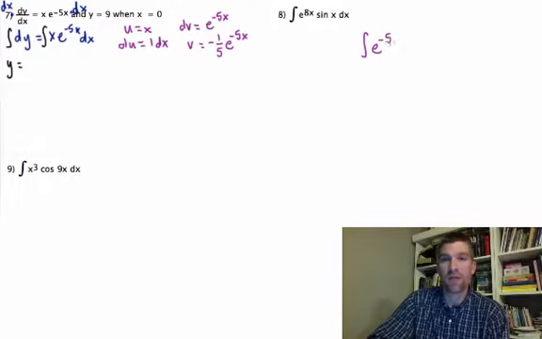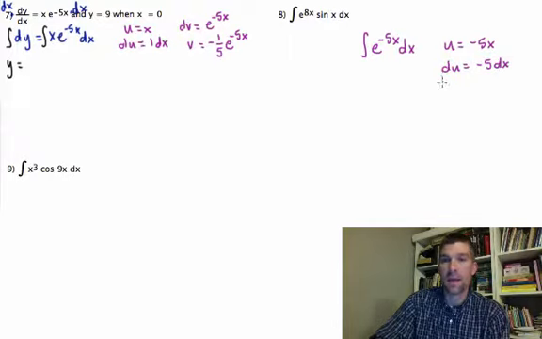If I have e to the negative 5x dx, and I let u equal negative 5x, du is going to be negative 5 dx. And so negative 1/5 du equals dx.